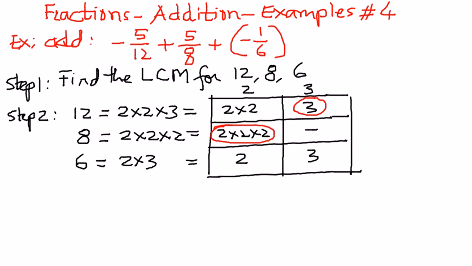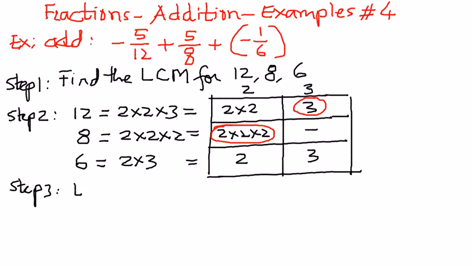In the 12 prime factors there is just 2 times 2. In the 8 prime factor box we have 2 times 2 times 2, which is the highest power, the number which we are going to circle. We're not going to circle the other numbers. So now we are ready for the third step.